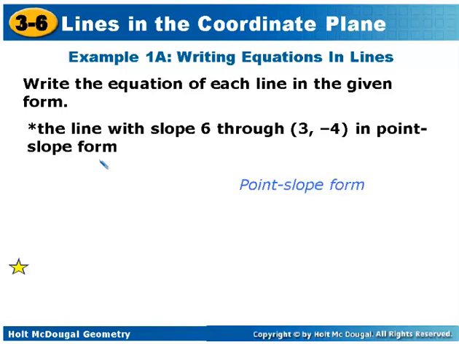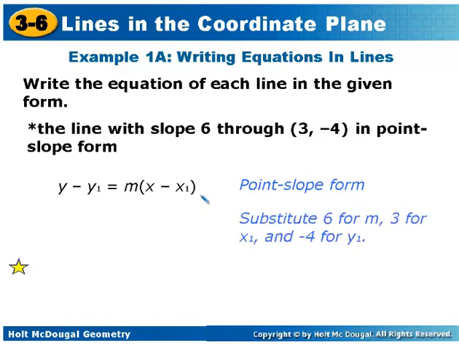So, point slope form, I'm going to go ahead and write it out. And I tell a lot of my students, especially tutoring students, to write that on every single problem. Yes, it takes you a little bit of time, but that time is useful because it slows your brain down, allows you to think a little bit. Now I'm going to substitute what I have. Then I'm going to simplify.